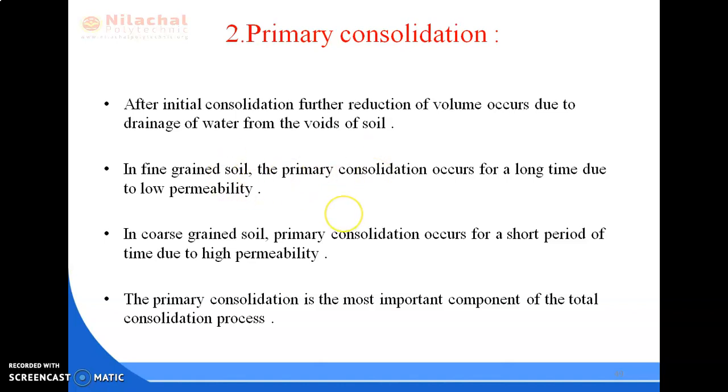But in coarse grained soil, primary consolidation takes less time, as the permeability is high. The primary consolidation is the most important component of the total consolidation process. That means primary consolidation plays a vital role among the three.